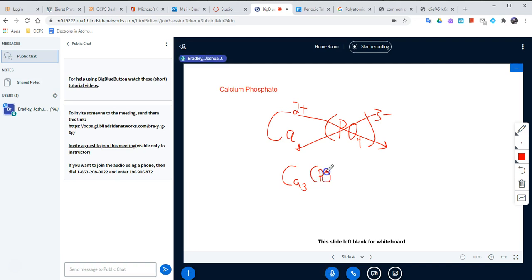The PO4 will get 2. And since we have 2 here, this 2 goes to everything that's in here, and we want to leave it that way. So this is now our answer. If you have any number other than 1 here, it keeps those parentheses. And that's it. Okay?